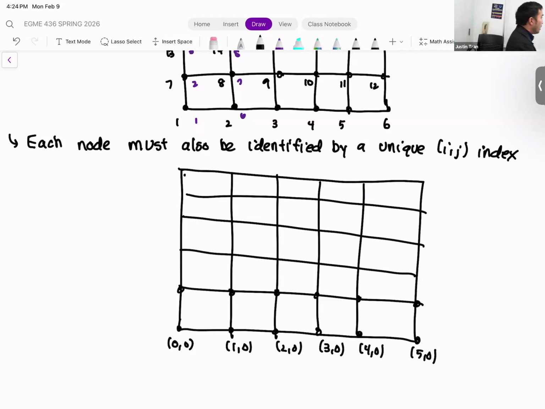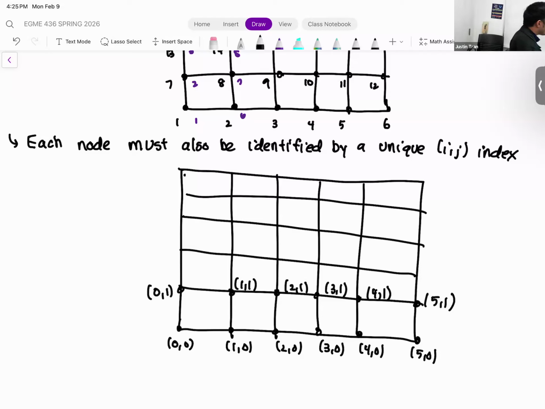If you think of each node as its own point on an XY Cartesian grid, you can come up with an ordered pair to describe its index. Then in the second row, we increment the J index. So this node would be 0, 1. This would be 1, 1, 2, 1, 3, 1, 4, 1, 5, 1.